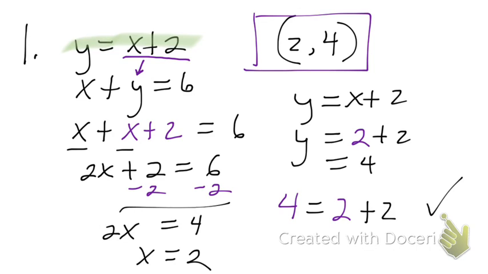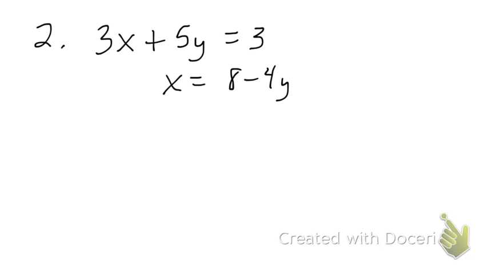It makes the equation true. In the second equation, x plus y, that'd be 2 plus 4, that does equal 6, and so that will also check. So we can always check our answers when we're solving a system of equations. I highly recommend that you do that. Let's move on to the next problem.